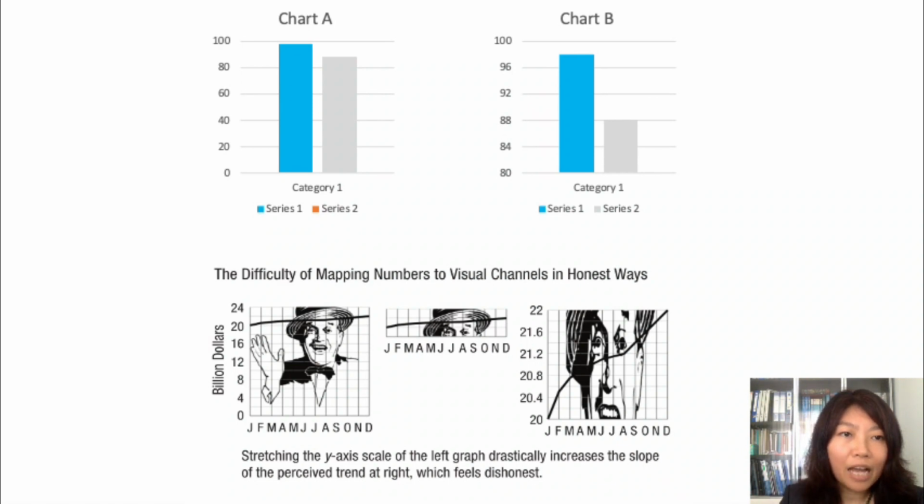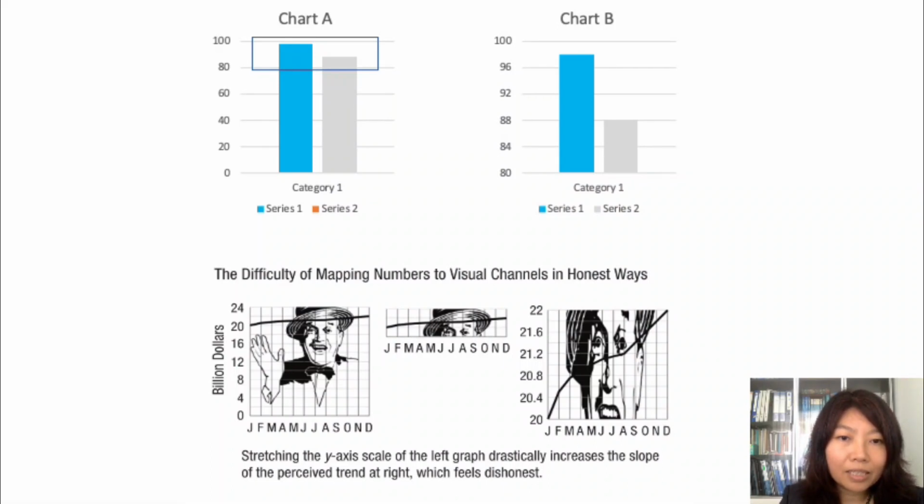If we look at the y-axis scale, in chart A it is from 0 to 100, and in chart B it is from 80 to 100. So there is a stretching of this region of chart A. We stretch it and then we get chart B.